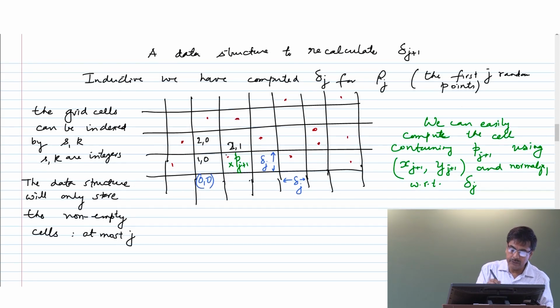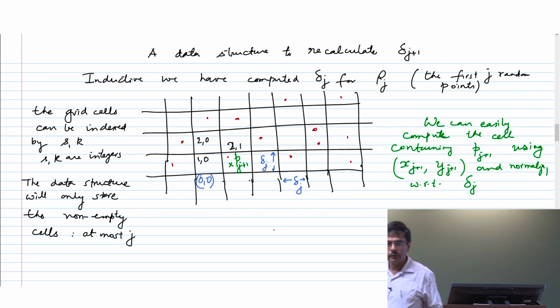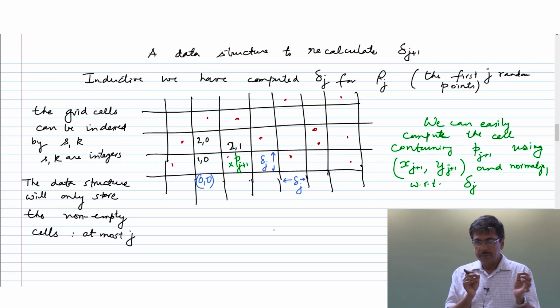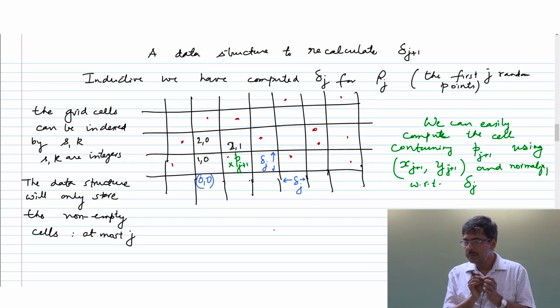If there was a red point inside here, then that cell is stored, and I can fetch that cell and check whether it is really close to that red point, and if so, then the distance is going to change. I need not look at any other point, right.